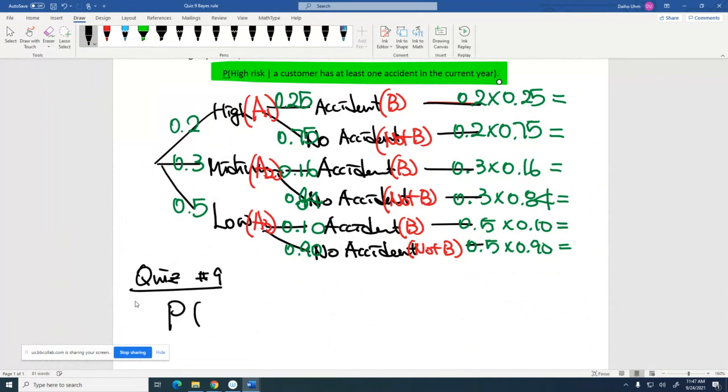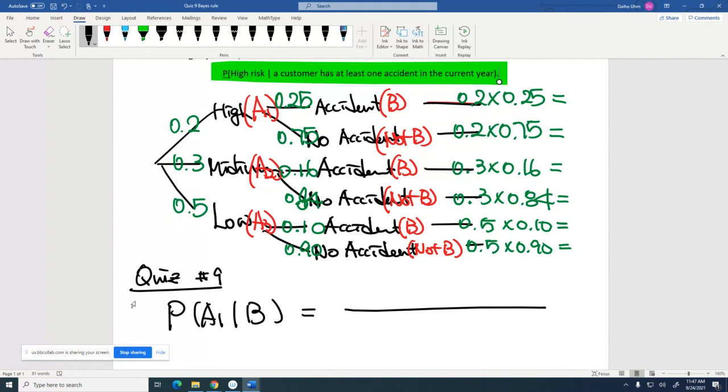We need the probability of high risk, A1 given B. Now we have a customer who had an accident, but I don't know if he or she is high risk, medium risk, or low risk. But I need the probability that the driver is in the high risk. Its order is A given B.